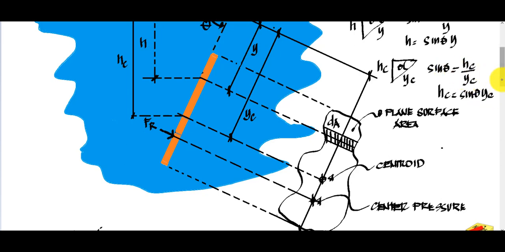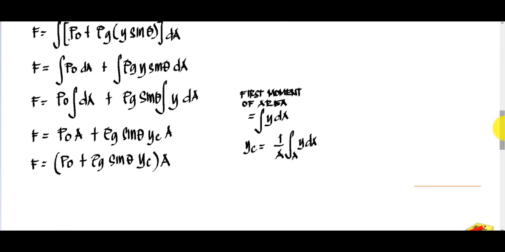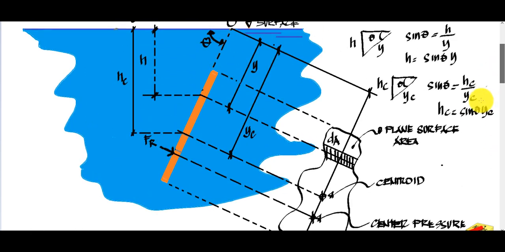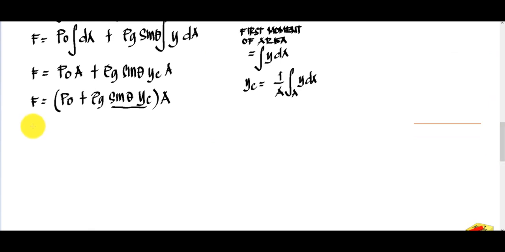Now looking back to our equation here, we have your sine of theta times the yc. So they have the same yc, so going to replace that with hc. So rewriting our equation here, we have now your force is equal to atmospheric pressure plus your density, gravity, sine of theta, then this will become your hc, then times your area.